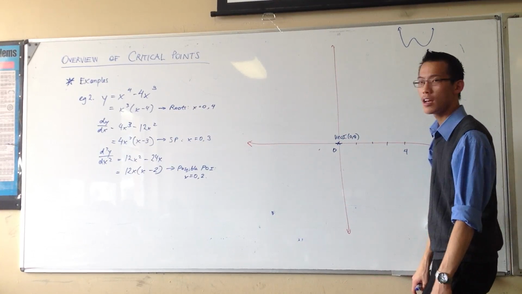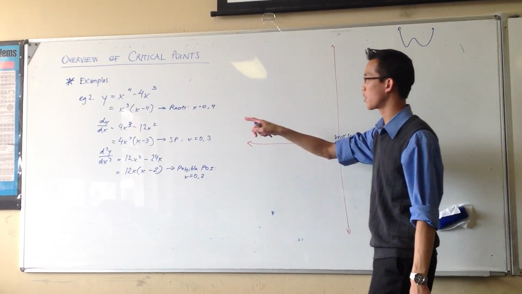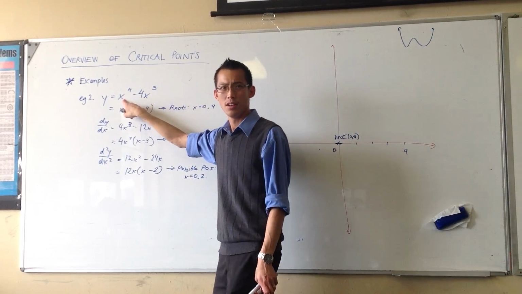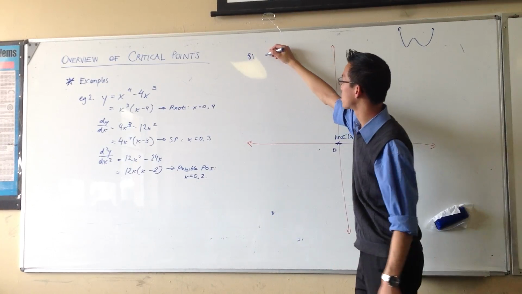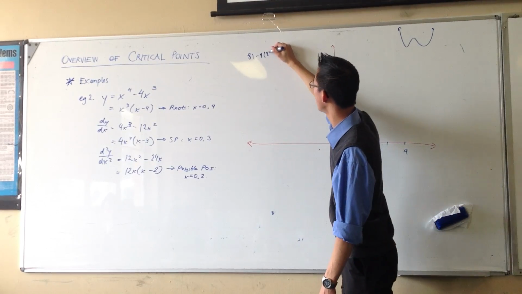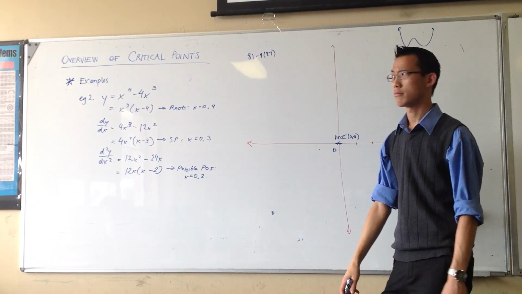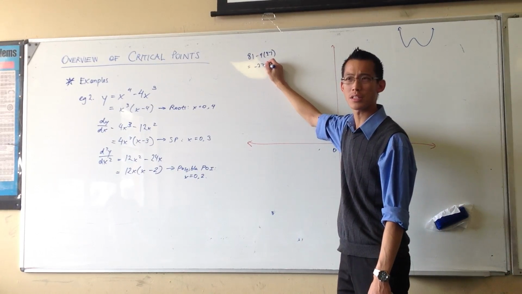At 3, I'm expecting another stationary point, and I don't know whether it's up or down. So I'm going to put my 3 back in here. 3 to the 4 is 81 minus 4 lots of 27, which is 108. So 81 minus 108 is minus 27.